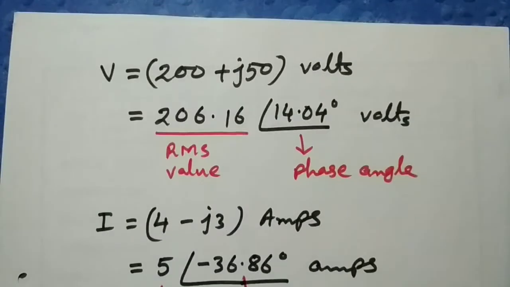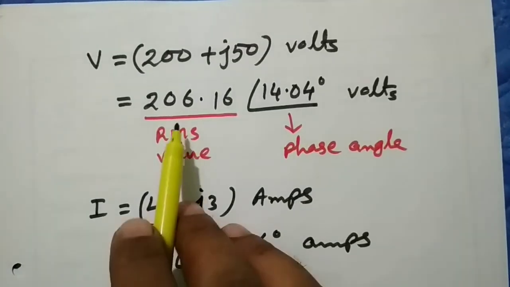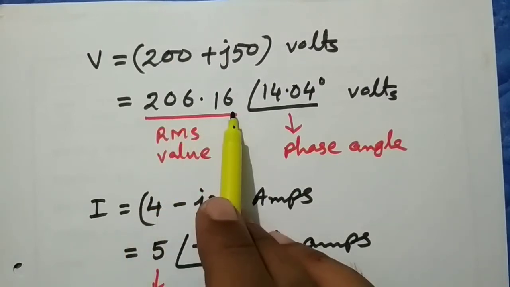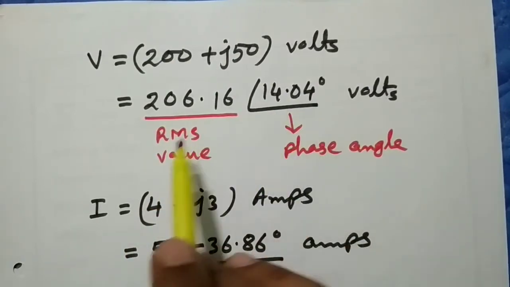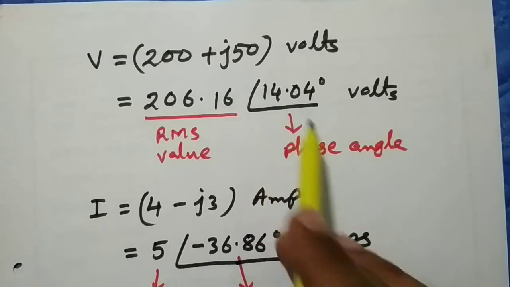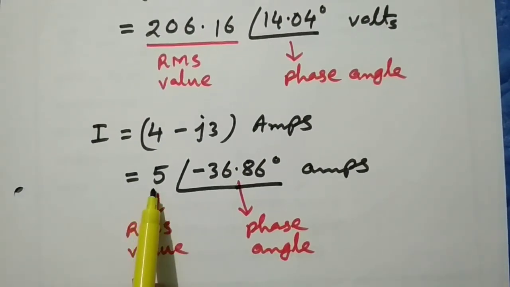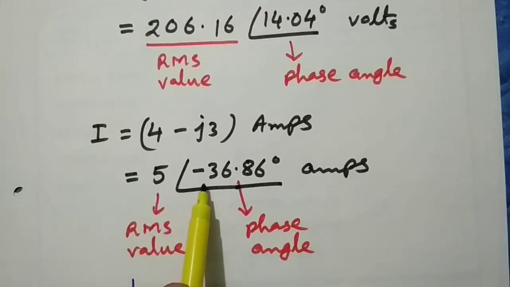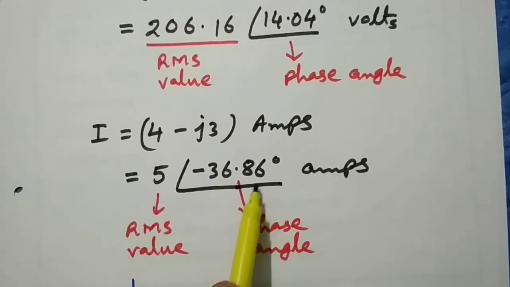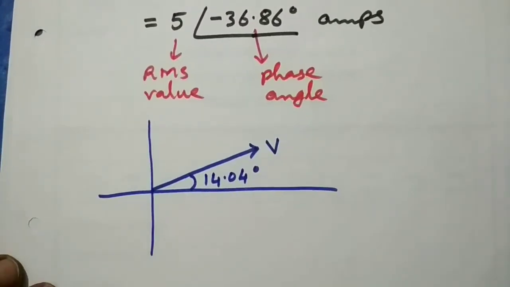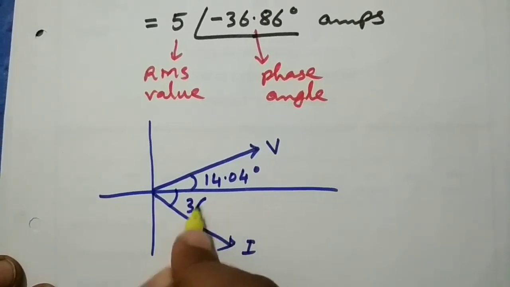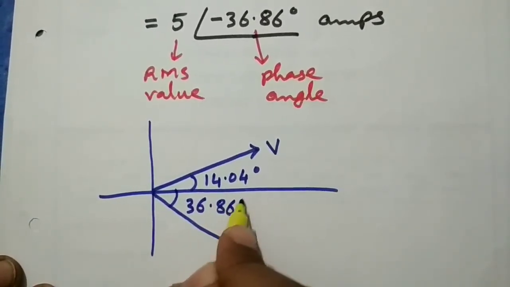Because the voltage in polar format is 206.16 and 14.04, this is the RMS value of the voltage and this is the phase angle. Similarly, the RMS value of the current is 5 amperes and its phase angle is minus 36.86 degrees. So in the phasor diagram, the current will be in the fourth quadrant and this angle will be 36.86 degrees.